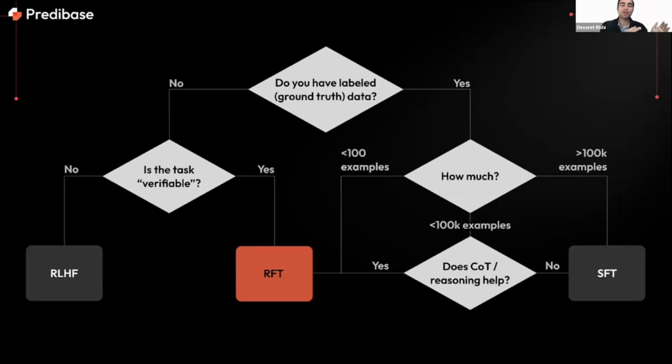If you have less, then you want to use one of the more reinforcement learning oriented mechanisms. And if you have more, you want to use one of the more supervised fine-tuning oriented mechanisms. And then from there, is the task verifiable or not? The way that we think about verifiable is, can you write a scoring function or rubric that allows you to tell whether this works well, which we often call in our product reward functions. We're going to dive a lot more into that in just a few minutes.